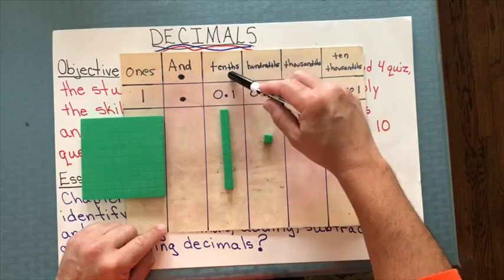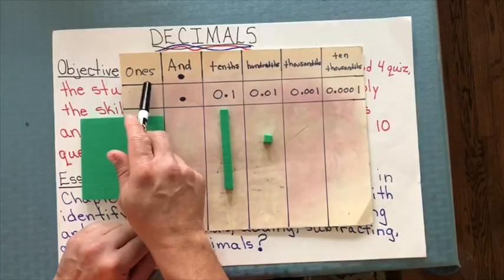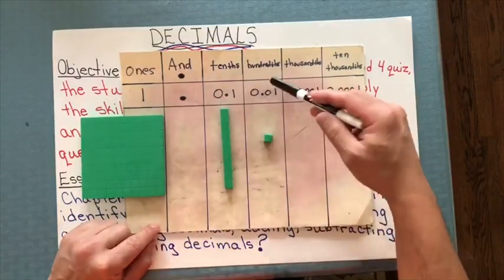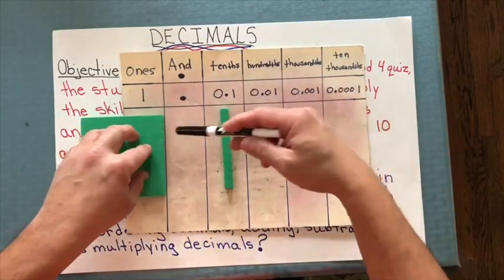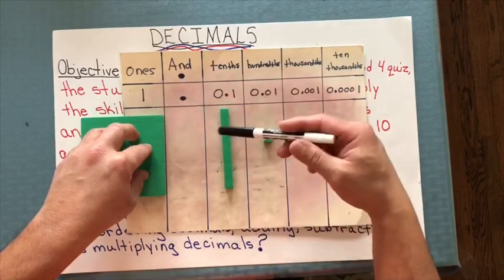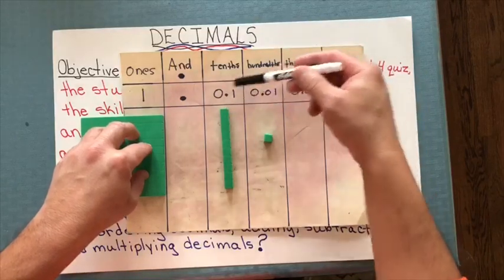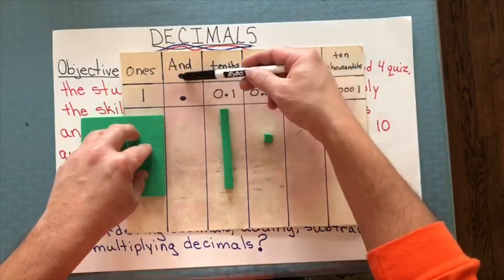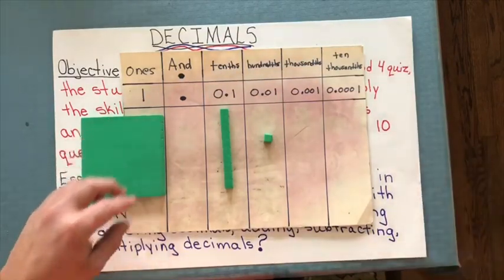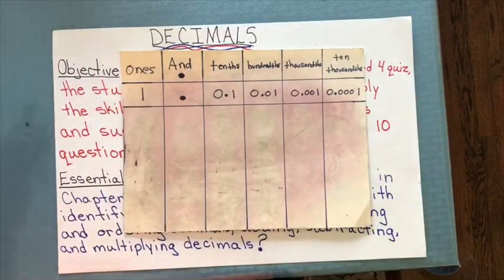So a tenths is 10 times bigger than a hundredths, and a ones is 10 times bigger than a tenths. And as you move to the right, the numbers are getting smaller. So the tenths is 1/10 of the ones, and the hundredths is 1/10 of the tenths. So you get 10 times bigger as you move to the left, and 1/10 as you move to the right.